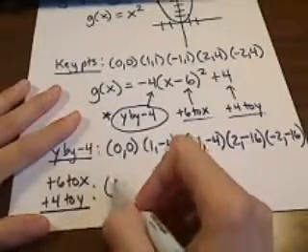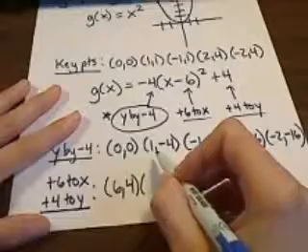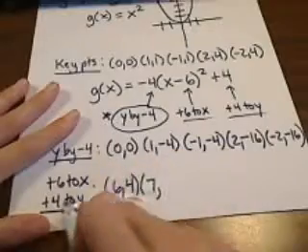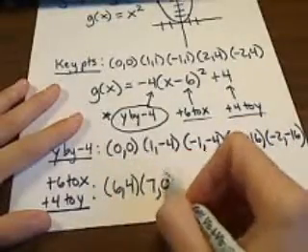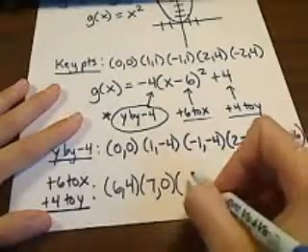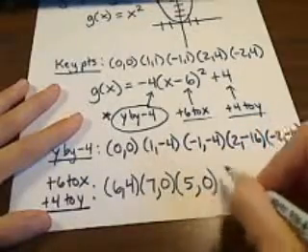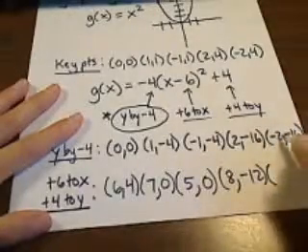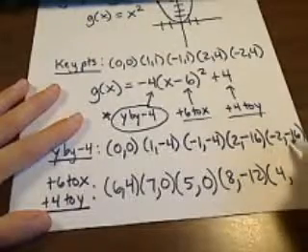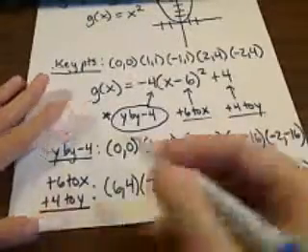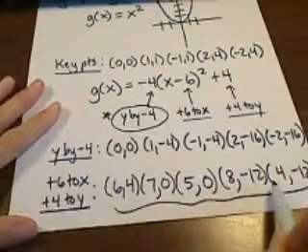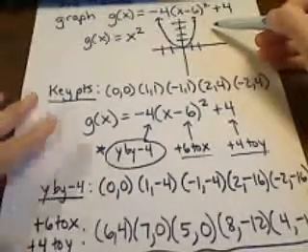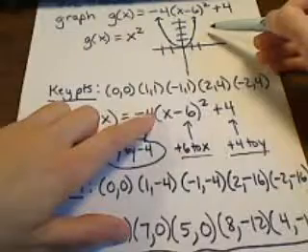So it's going to look like 6, 4, and then 7, add 4 here, we get 0; add 6 here, we get 5, add 4, we get 0; add 6, we get 8, add 4, we get -12; add 6, we get 4, and then add 4, and we get -12. Now these points right here are the points that I'm going to graph. That's actually going to show this graph moved over 6, up 4, flipped down by the negative, and then scrunched because of the 4.